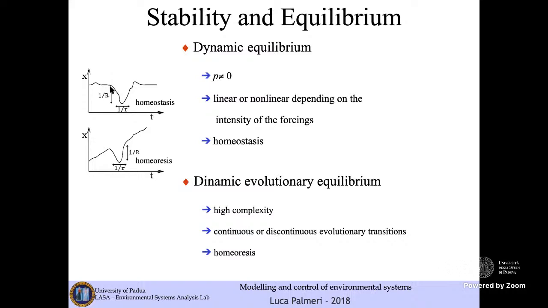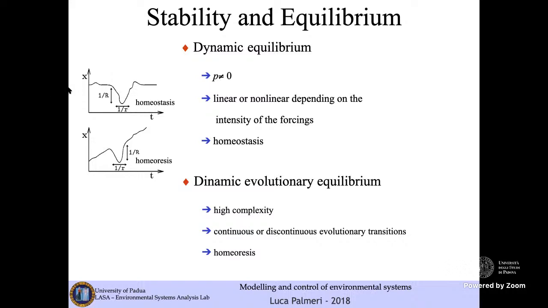This is the case of linear, non-linear, zero entropy production equilibrium. In these cases, we measure the stability of equilibrium by introducing two terms, the resistance and the resilience, which we have talked about a lot today without knowing exactly what is meant by resilience. Resistance and resilience are two different ways of measuring the stability of equilibrium.